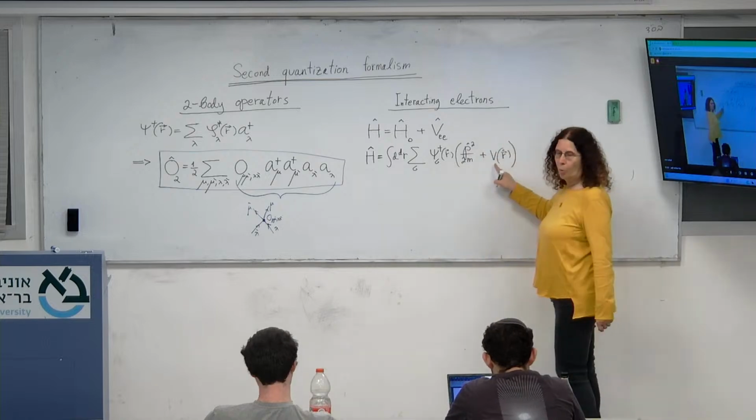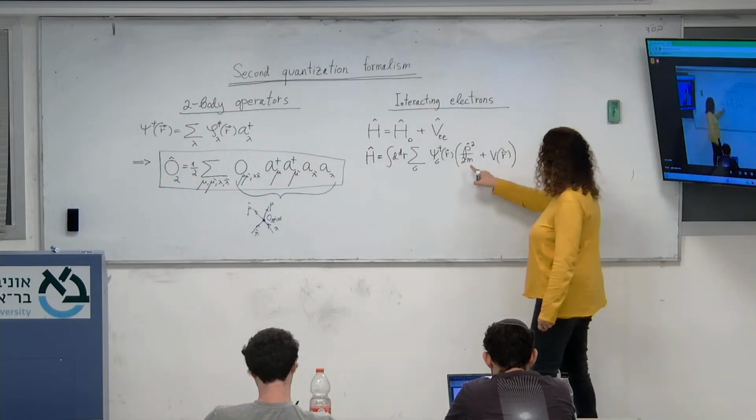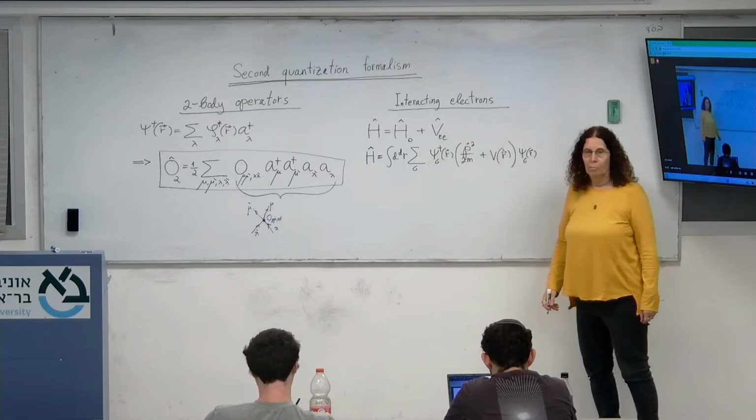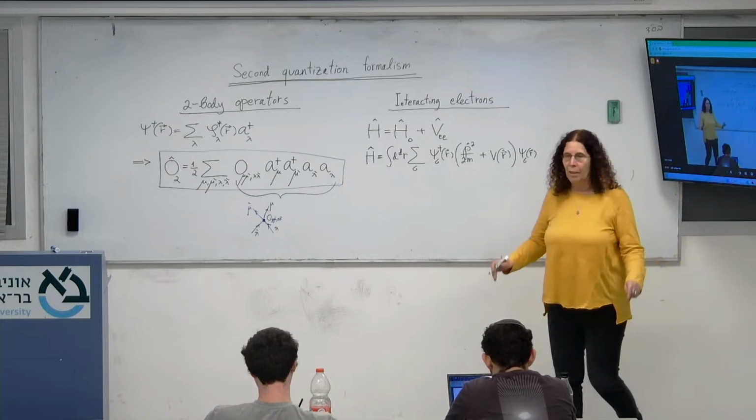This is the external potential, which is acting locally on all electrons, and psi sigma. Okay. This is the most general single body term.